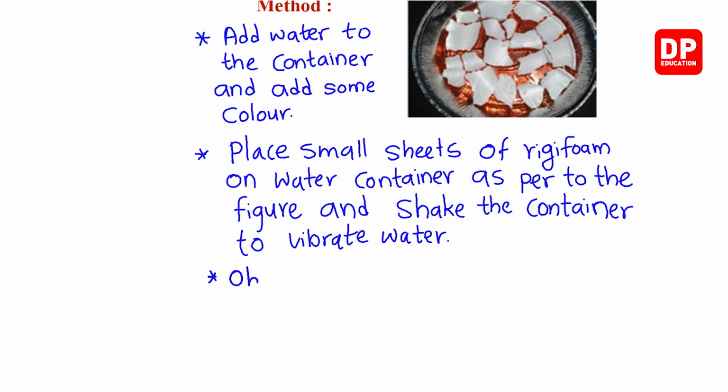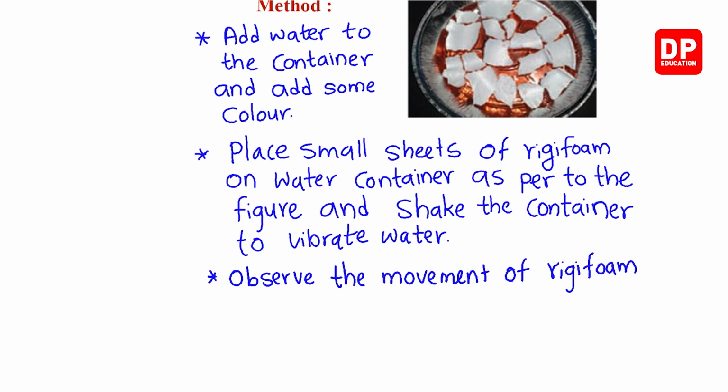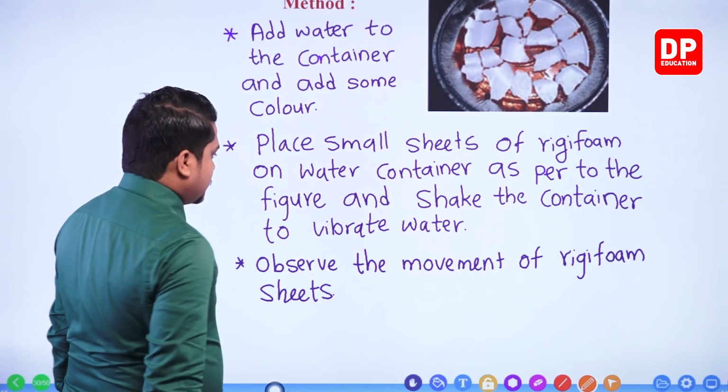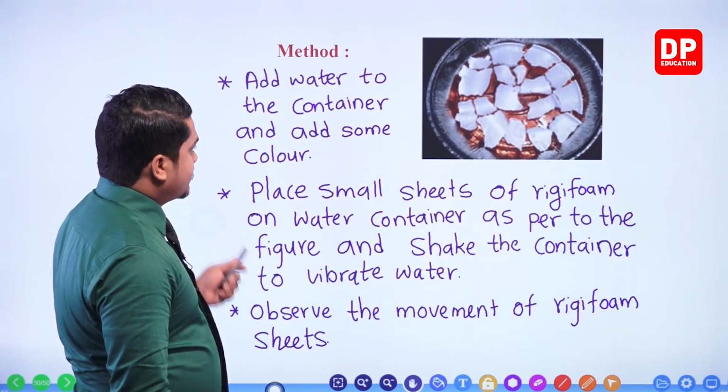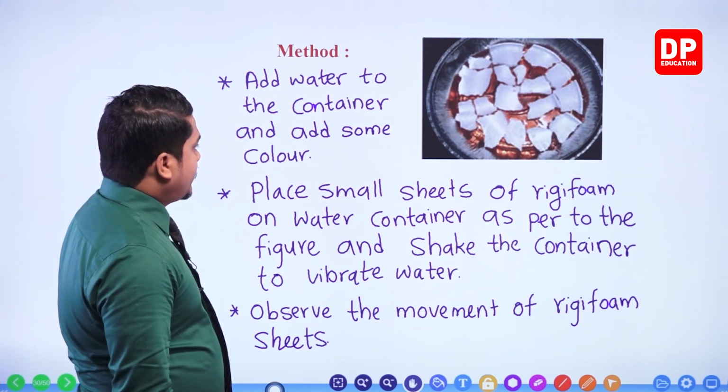observe the movement of rigiform sheets. So this is the activity, my dear children. It's very simple. You have to add water to the container and add some color.